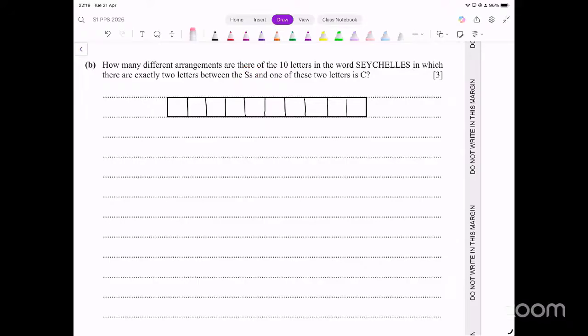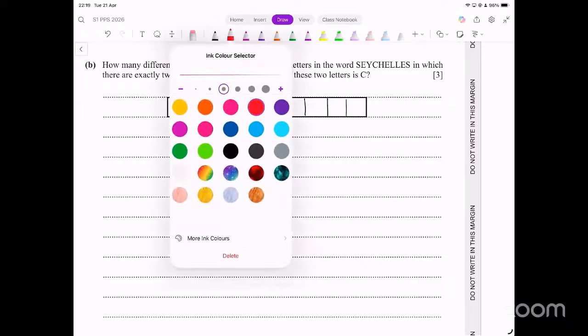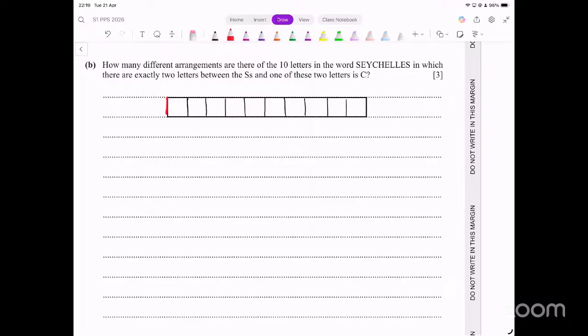How many letters does that become in total? One S on one side, another S on the other side. And then between them, you have 2 other letters. We can say there's one big box of 4 letters. And this one big box, on one side, you have one S. And on the other side, you have another S. This is one big box. Okay.